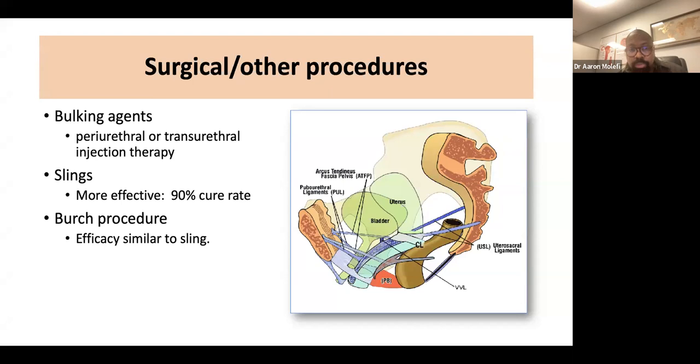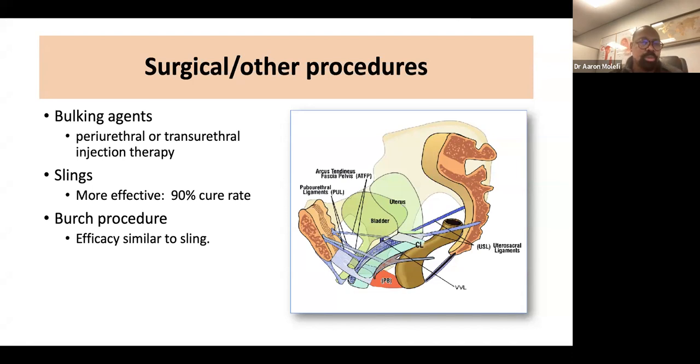Burch procedure, the efficacy is similar to the sling. You can approach it depending on your skill. So these will be patients that are referred to a higher center. You're not expecting it to be done unless you are experienced, at primary healthcare or secondary healthcare.